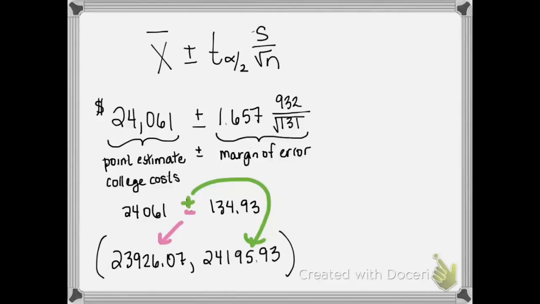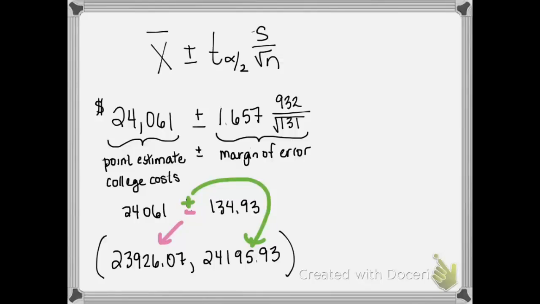Then because we only took a sample, we don't know the actual population college cost, so we say give or take a little bit. Because we only asked 131 colleges, that's plus or minus, let's say, $135.